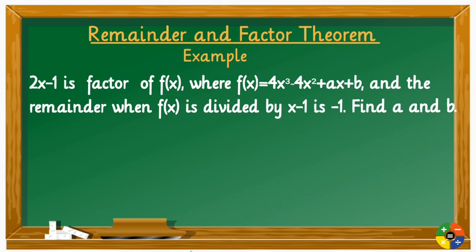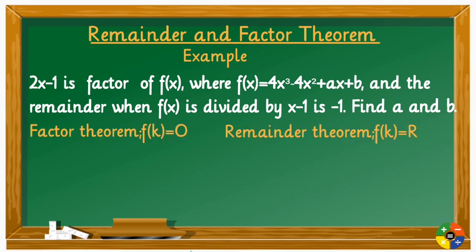In this question, we will be applying both the factor theorem and the remainder theorem. 2x minus 1 is the divisor of f of x and also a factor. Its 0 is equal to half. This can be obtained by simply solving the equation 2x minus 1 is equal to 0.